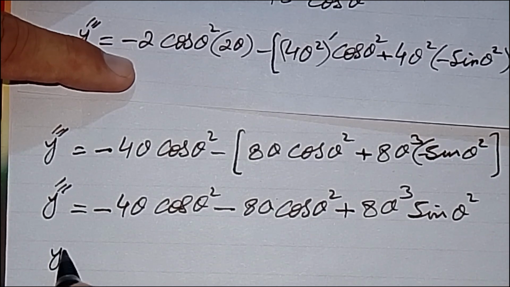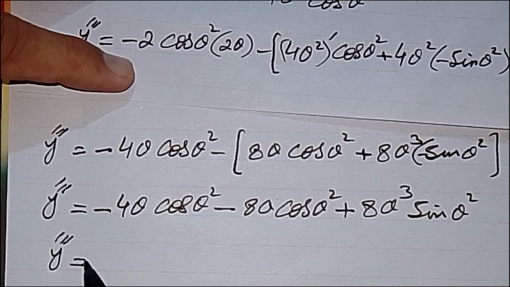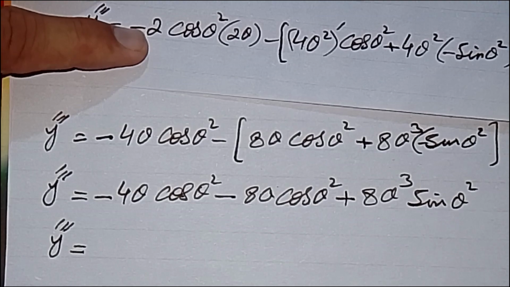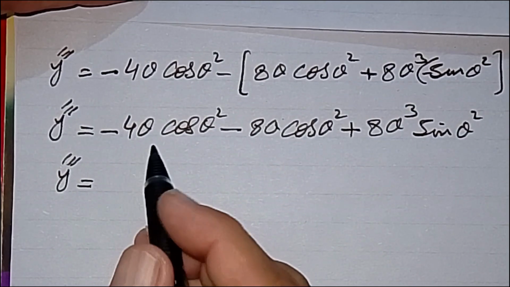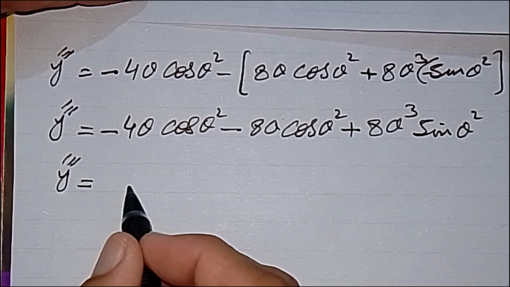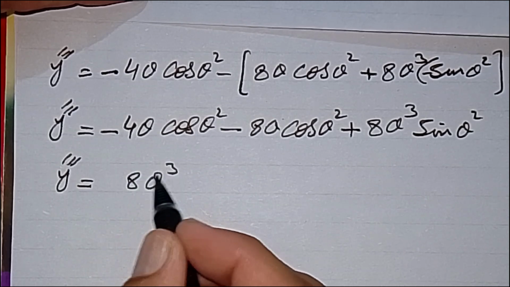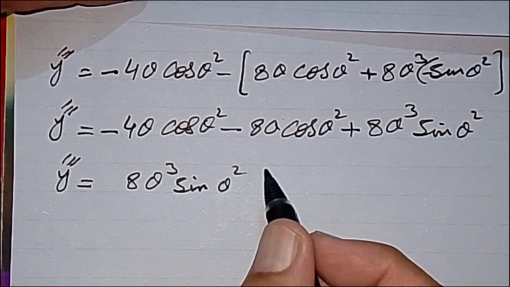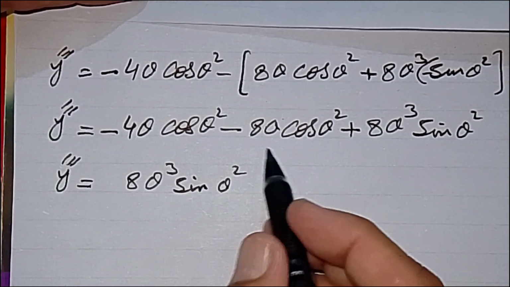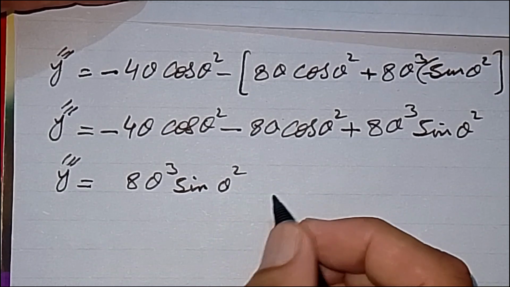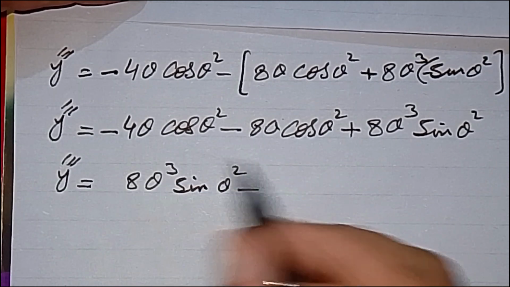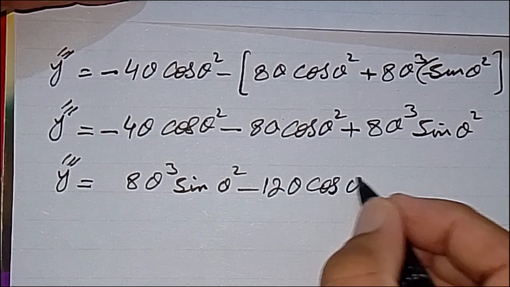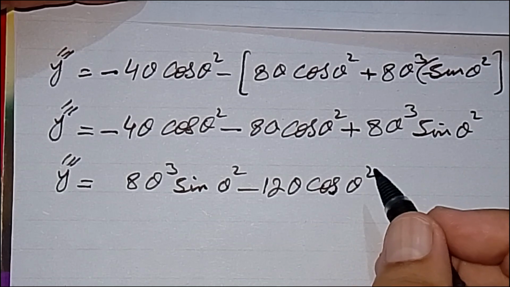Now the third derivative of y is equal to 8 theta cube sine theta square minus 8 and 4, 12 theta cos theta square, which is our answer.